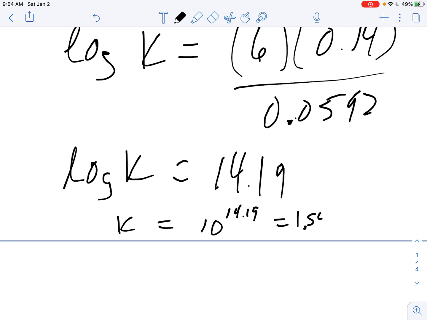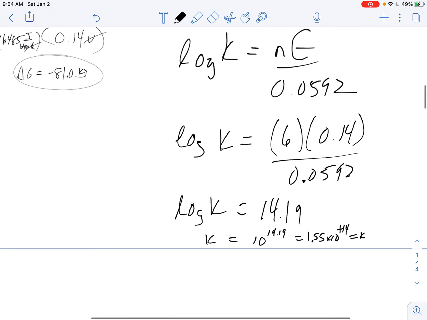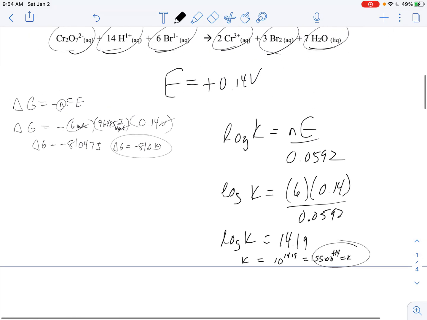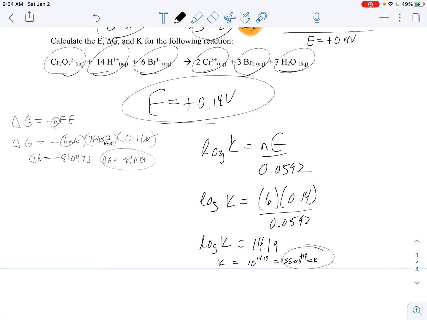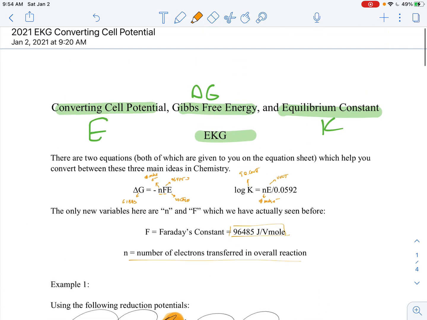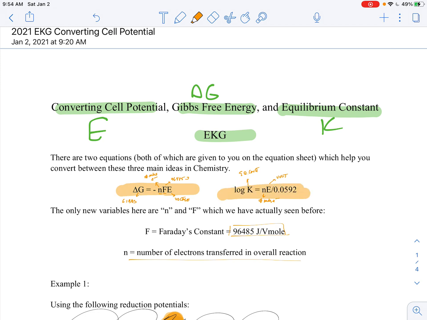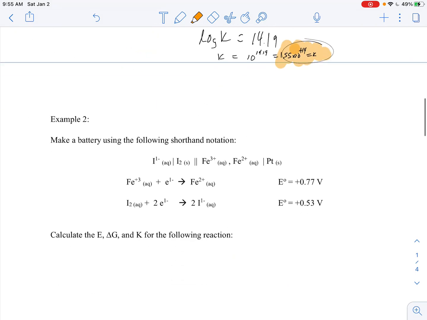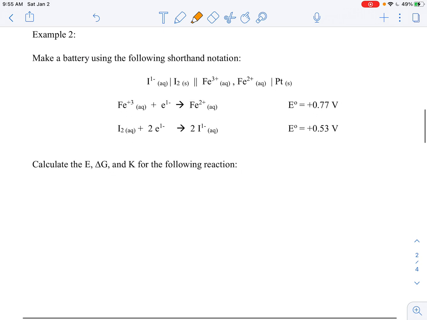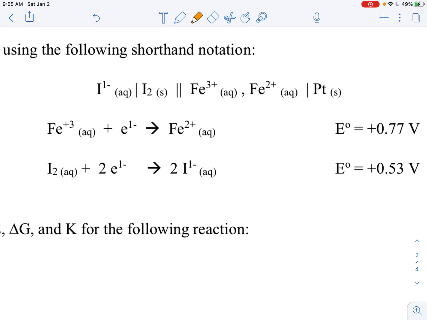So 10 to that answer gets me 1.54, 1.55 maybe, times 10 to the positive 14th, which is your K value. So armed with a voltage, you can calculate the delta G and you can calculate the K by using our 2 new equations that I gave you here. As long as you have the voltage, you can get both of these.